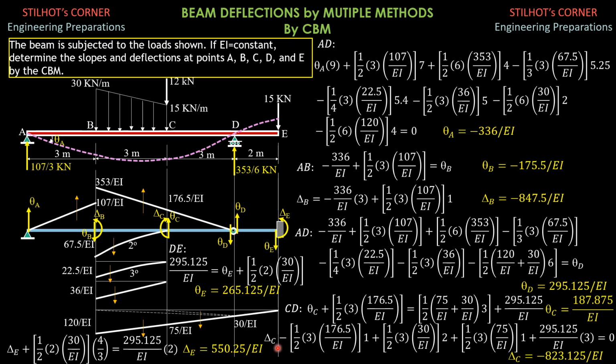So solving for delta C is negative 823.125 over EI.